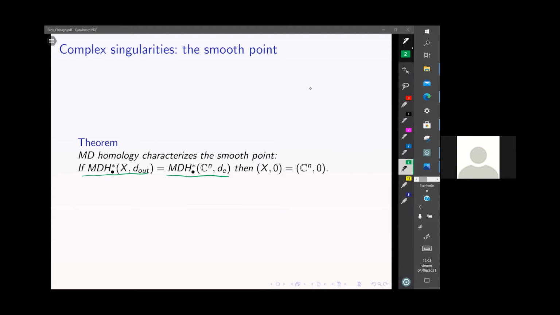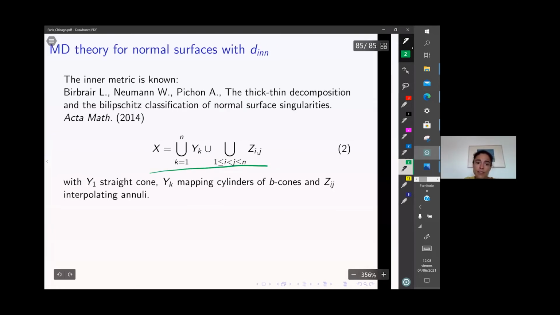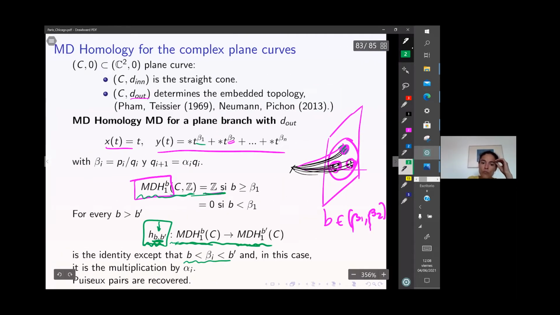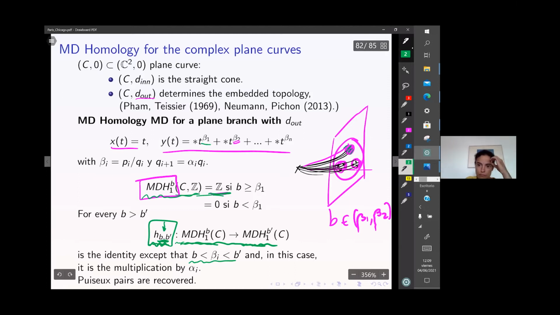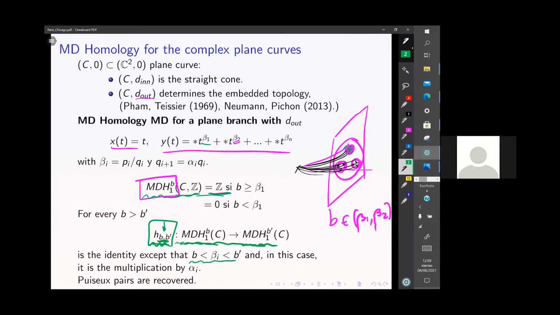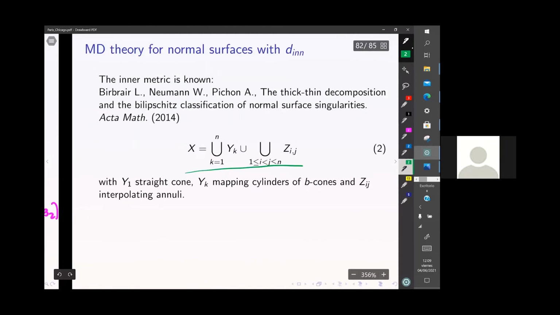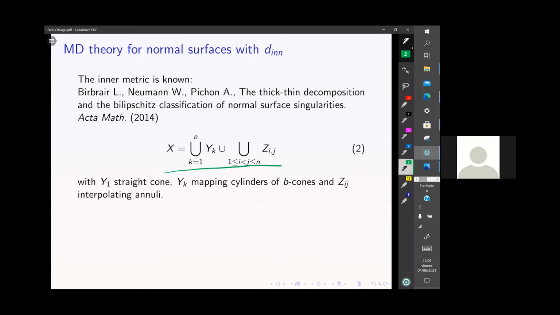Okay, let's say the rank of the group could be related in terms of the degree. For example, in curves, the rank is always 1. Right. It's not interesting for curves, but for the surfaces it could be interesting.